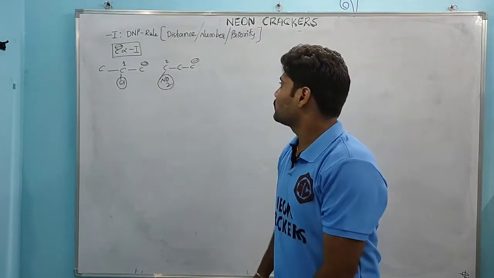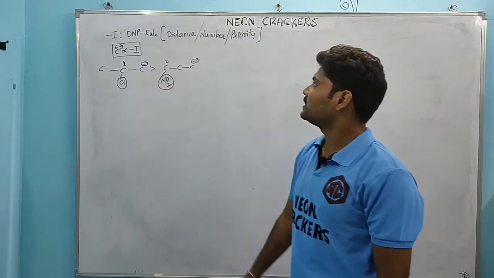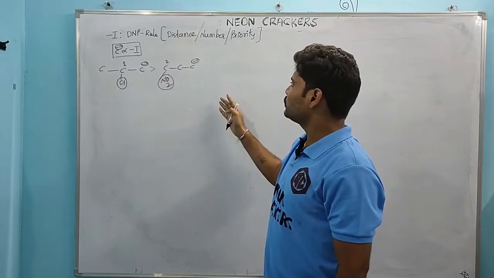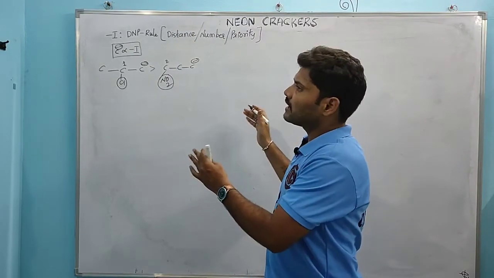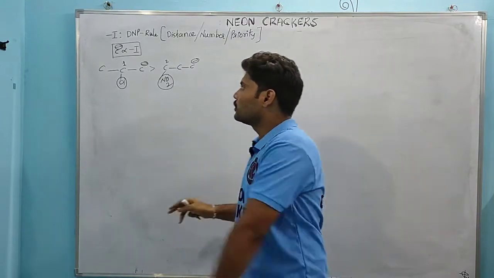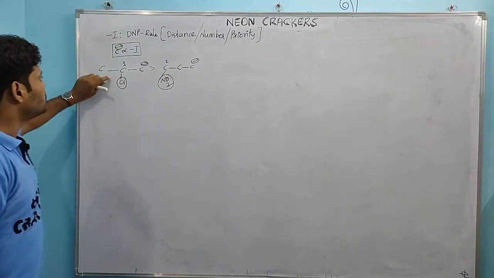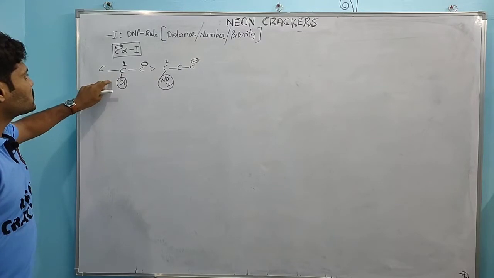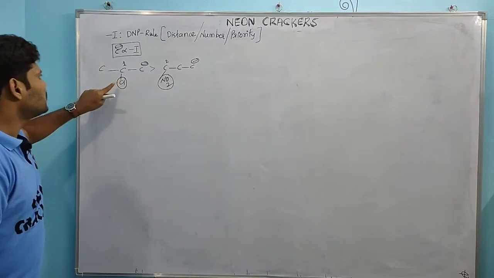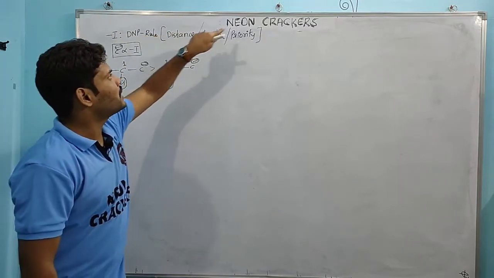The first one, because generation of polarity is based on distance. The atom near the target atom is polarized much more. That's why the stability of carbanion in the first one is more than the second one, even though NO2 is a stronger minus I effect than Cl. So like this we have to use the DNP rule: distance, number, priority.